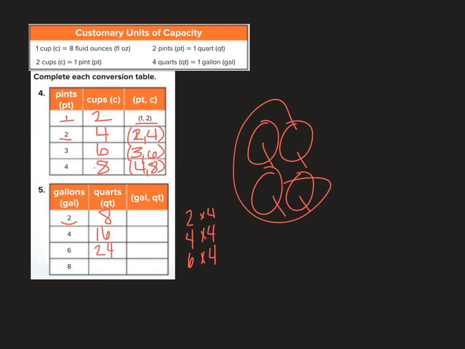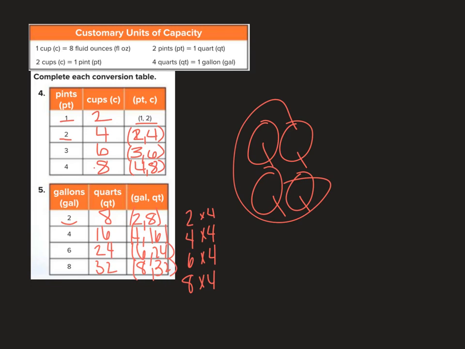And 8 gallons, 8 times 4 is 32 quarts. Writing these as gallons, comma, quarts: 2 comma 8, 4 comma 16, 6 comma 24, and 8 comma 32. Okie dokie, I think that's good for that one.